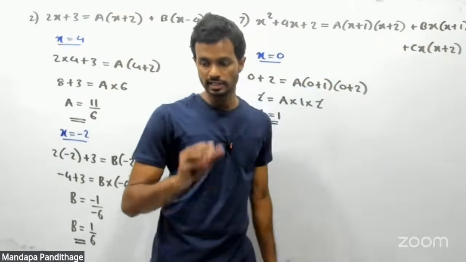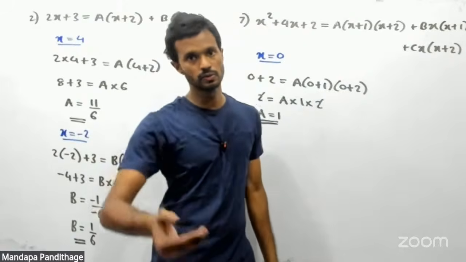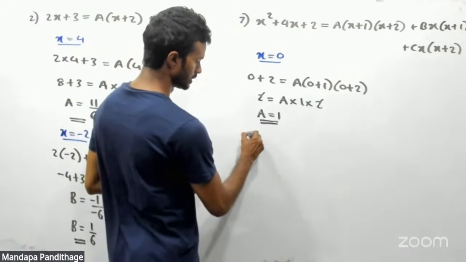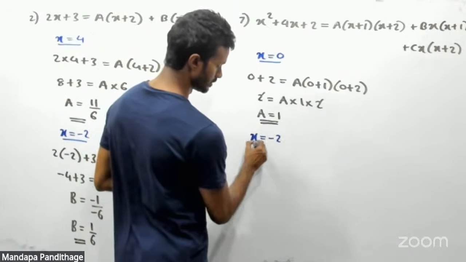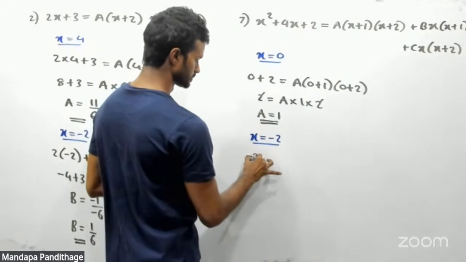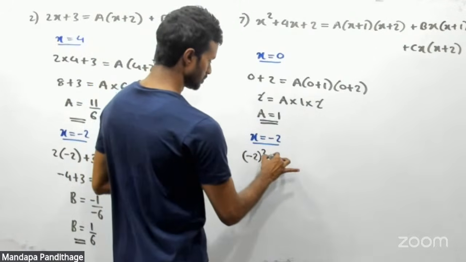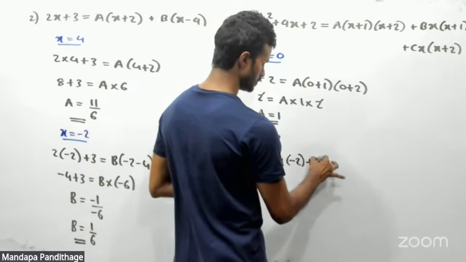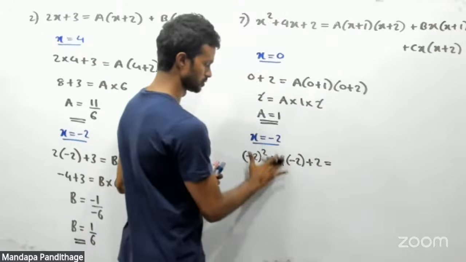So how can you make x plus 2 0? To make x plus 2 0, you need to substitute x equals minus 2. So when you substitute x equals minus 2, you get minus 2 squared plus 4 into minus 2 plus 2.